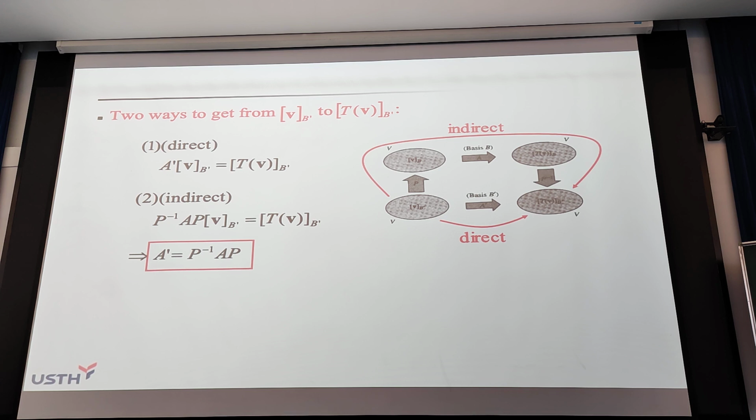I summarize two slides. Two slides show you, if you are given only one linear transformation T, but you consider two different bases, B and B prime, on the vector space V, then the linear transformation T is given by two different matrices A and A prime.